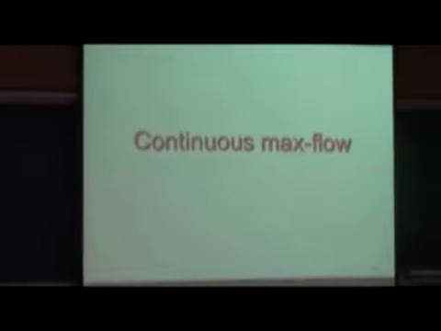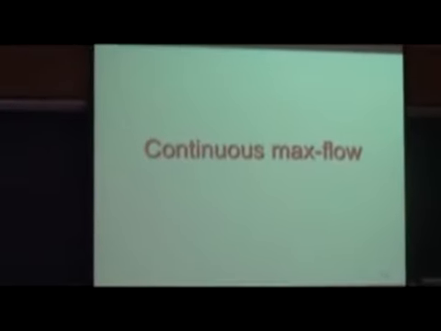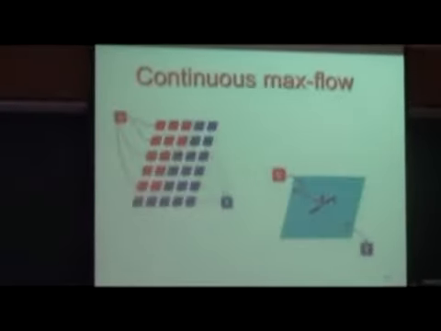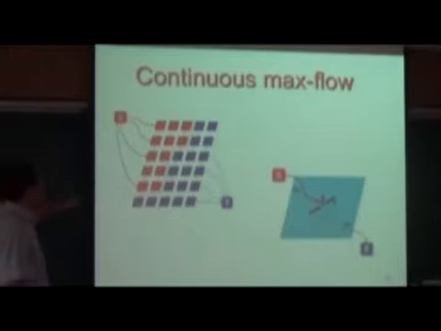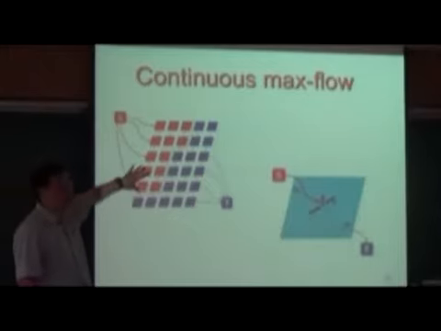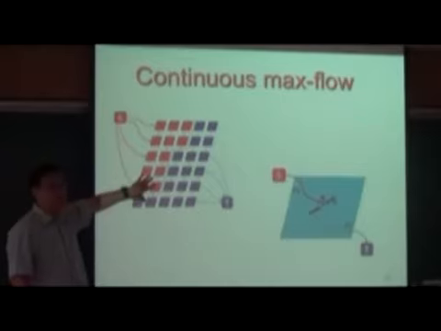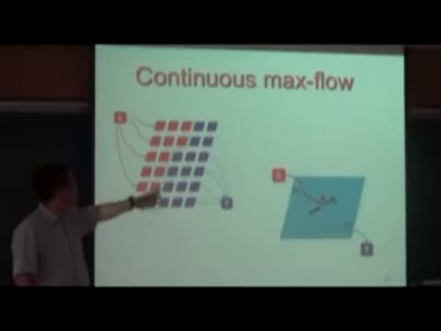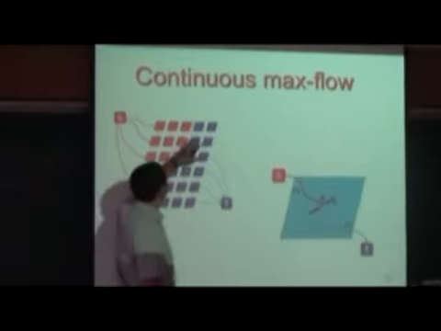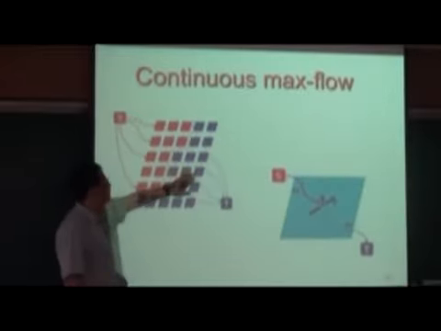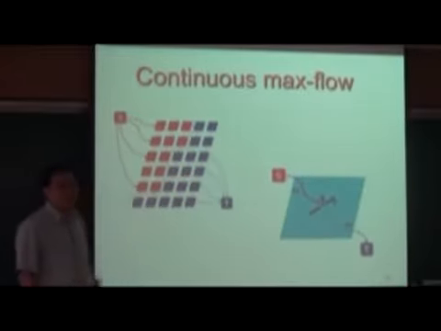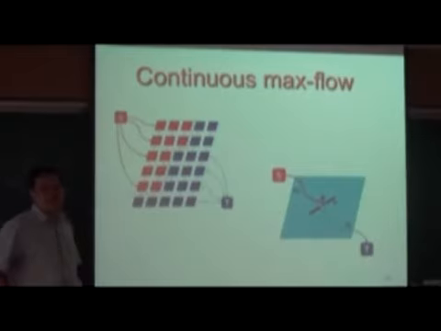The continuous max flow is something very recent. Essentially, I will talk about graph cut. You have a graph, you maximize the flow over this graph, and mostly you get a cut: this is region 1, this is region 2. Then you must solve a discretized graph cut problem.